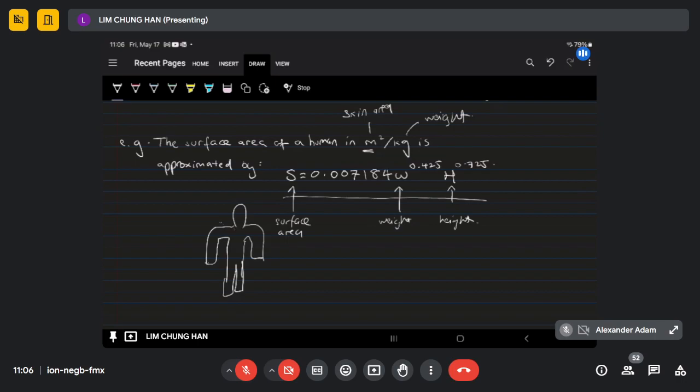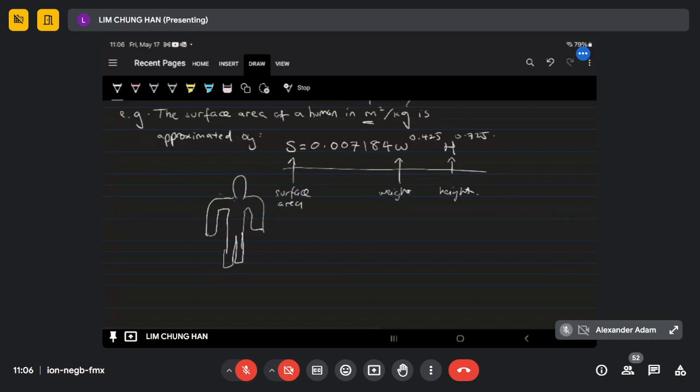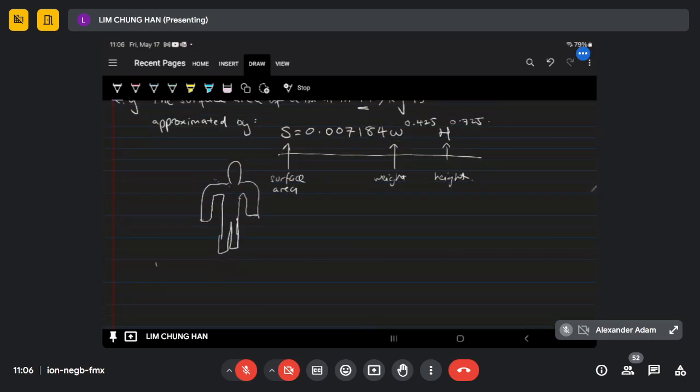So the question is this. What grows the skin faster? So how do you get more skin, basically?